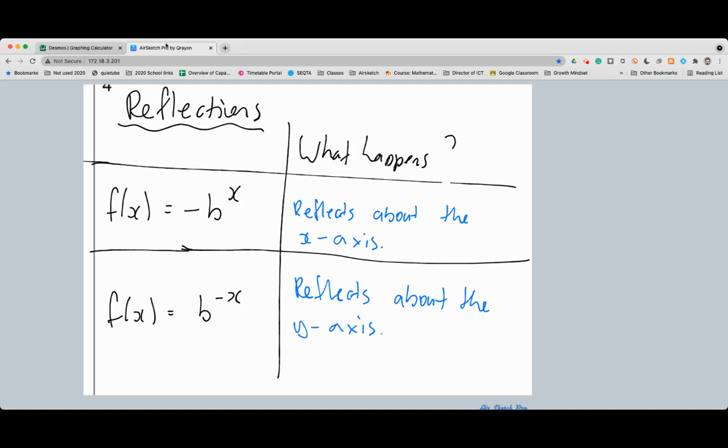And that's it, 2 reflections, okay? So we've got a reflection this way, and we've got a reflection this way. It mirror images itself. Any questions? Okay, so that's reflections out of the way.